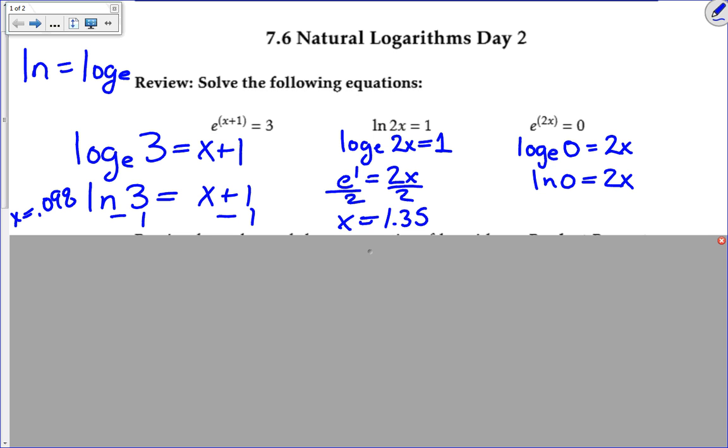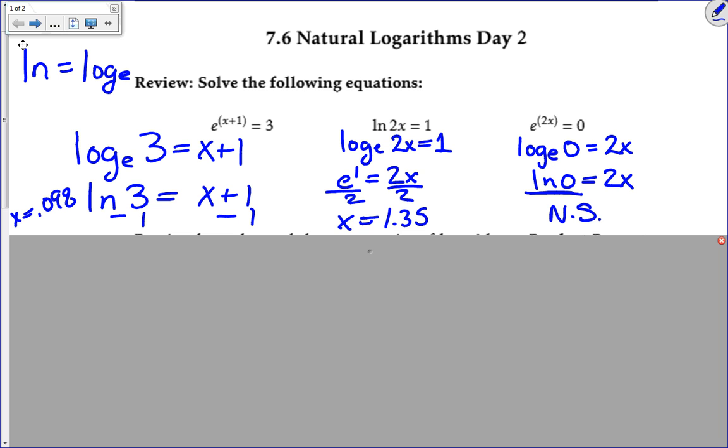We had a domain that was restricted, right? So x had to be greater than 0. So we couldn't have negative numbers, and we couldn't have 0. So when we're taking natural logs or logs, if we ever saw a negative, we had to throw that out. That was a no solution problem, right? Same thing if we have a 0, okay? So this one, we can just stop right here. This is going to give us an error, and that's no solution, okay?